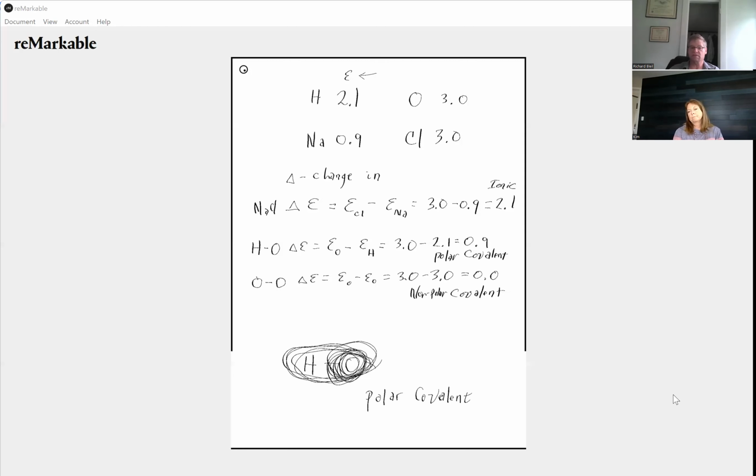But it's uneven. So we don't have a full negative charge, but near the oxygen, because the electrons are spending more time around the oxygen, we're going to have not a full charge. We're going to have a kind of a part of a charge, a little bit of a charge. We're going to have a partial charge.